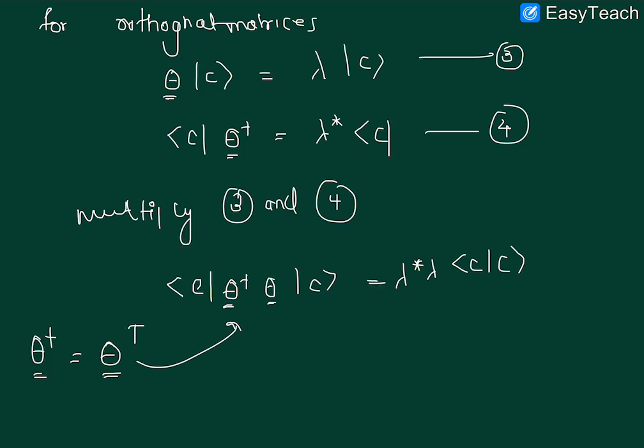I will put this property over here: C dagger O transpose O C equals lambda square C dagger C.